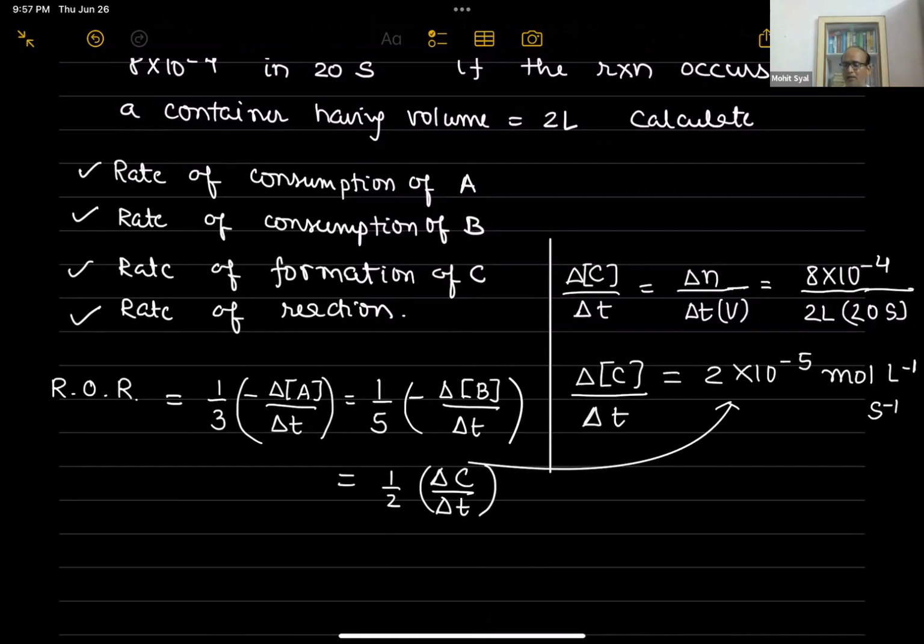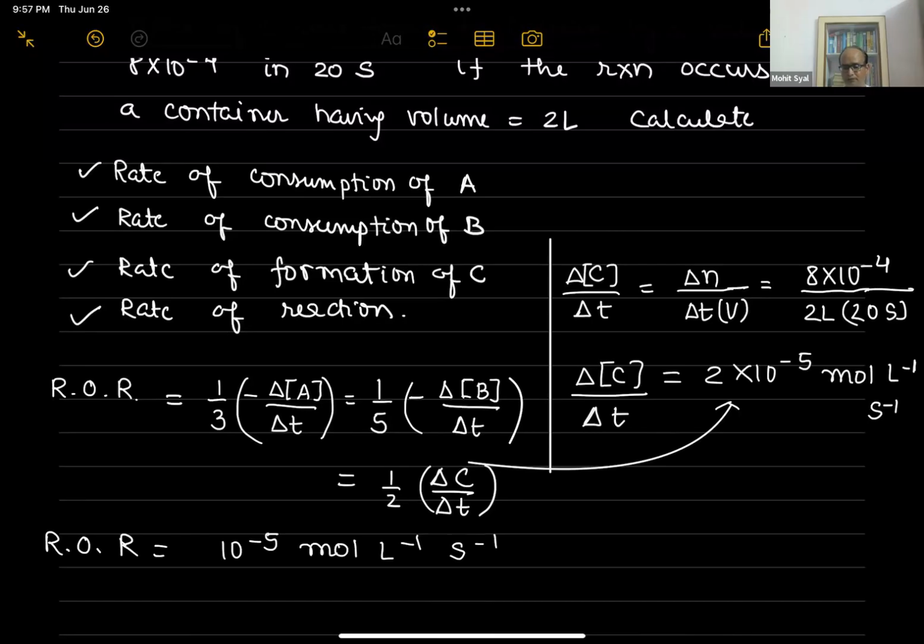And the rate of reaction is half of delta C by delta t, that is 10 to the power minus 5 mole per liter per second.